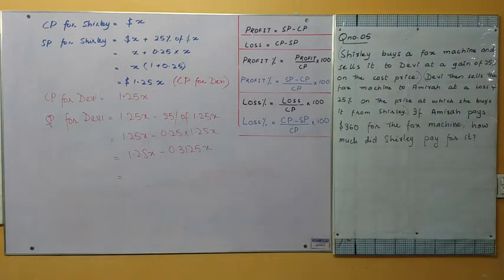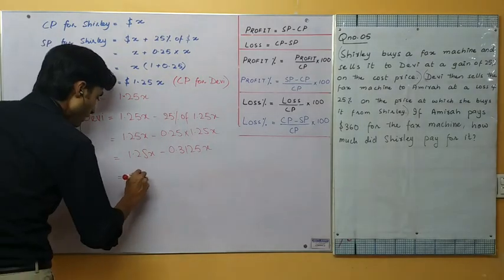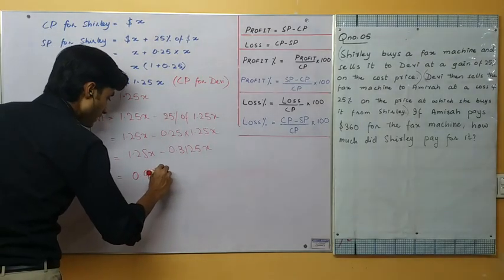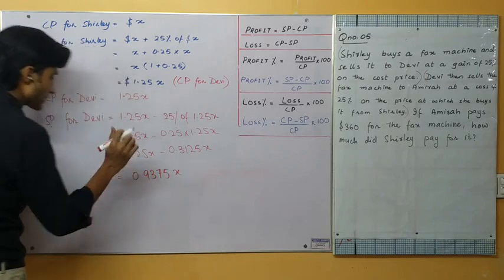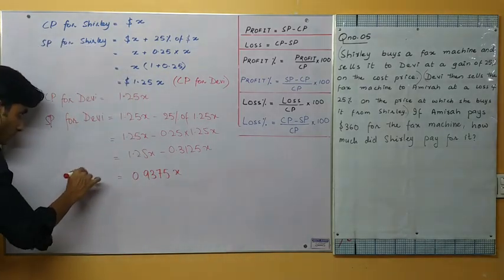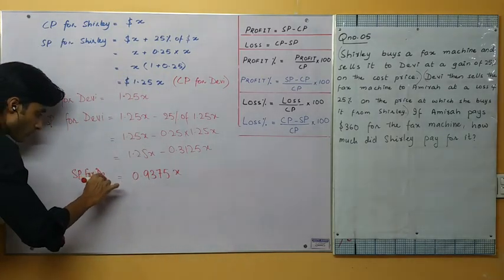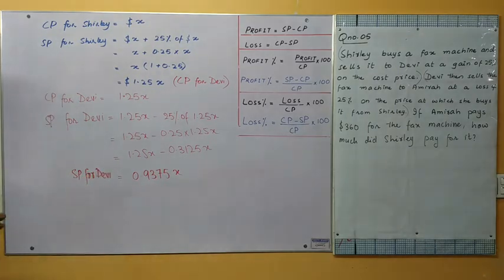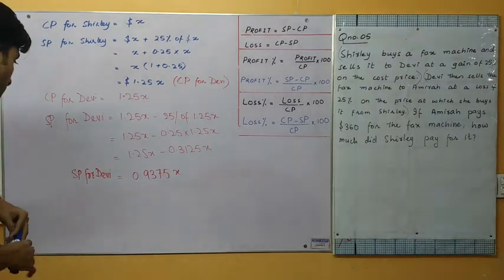If I am not wrong, this will be 0.9375 of x. This is the selling price for Devi. This selling price becomes the cost price for the next customer, which is Amira.